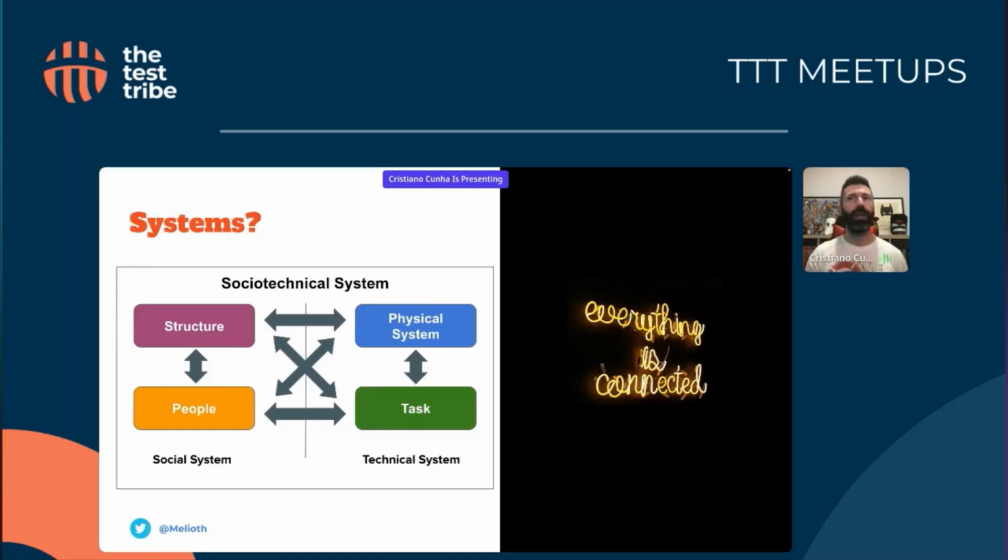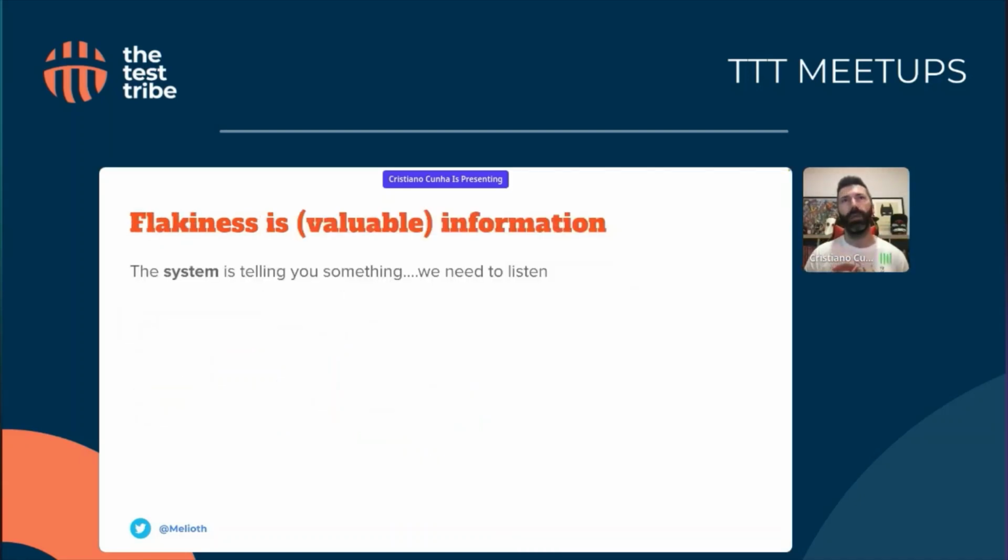And sometimes we are just not considering it because we think that the test is really the one that is flaky. But most of the time, if not all the time, it's hinting you that something is not right on your system. Because flakiness is valuable information. Like I said, the system is telling you something, and we need to listen.